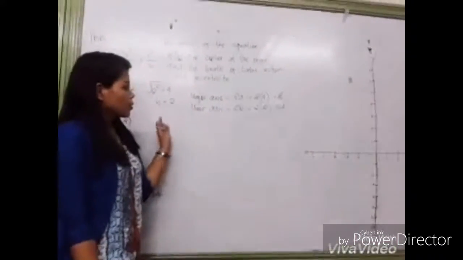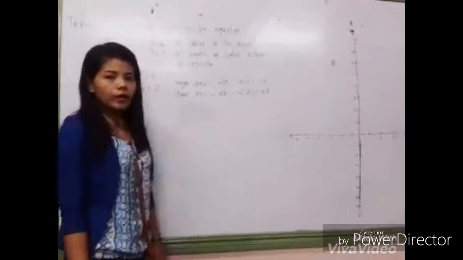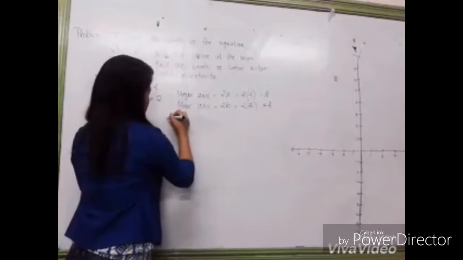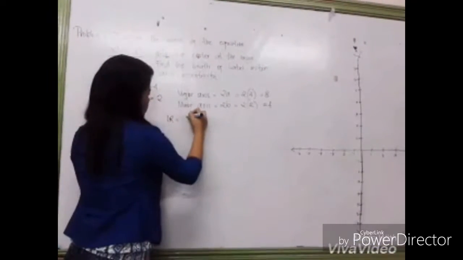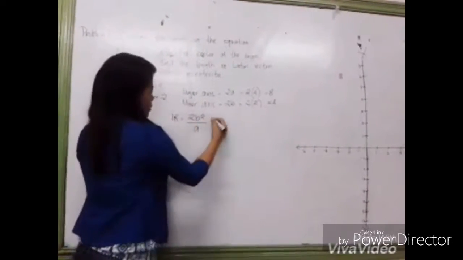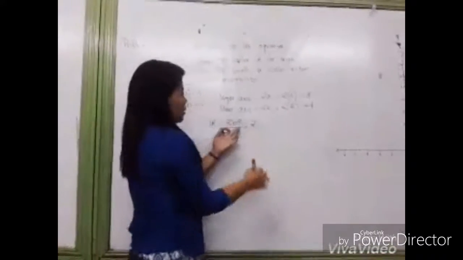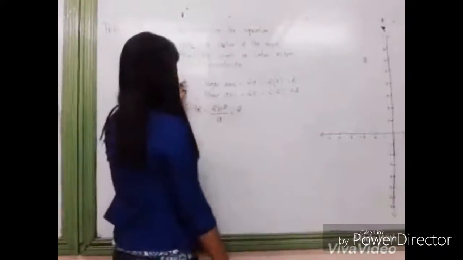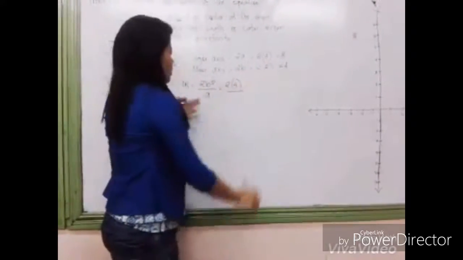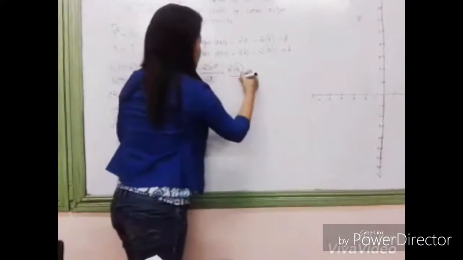To find our latus rectum, we have the formula 2b squared over a. Substituting, we have 2 times the value of b squared, which is 4, over the value of a, which is 4.